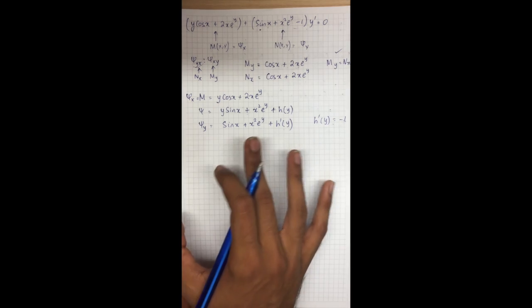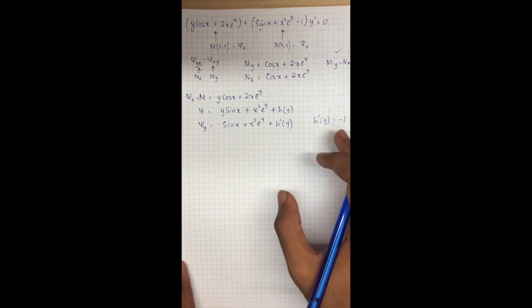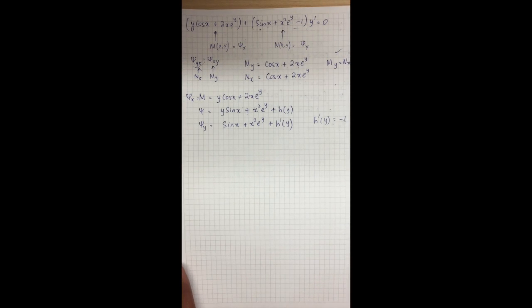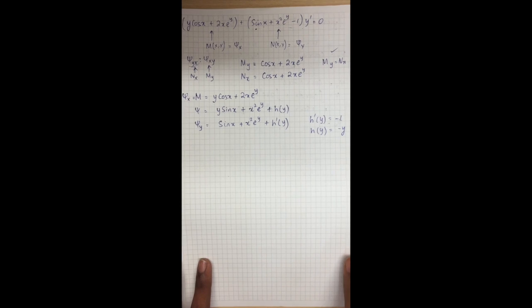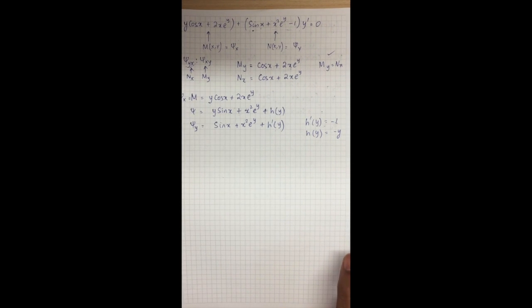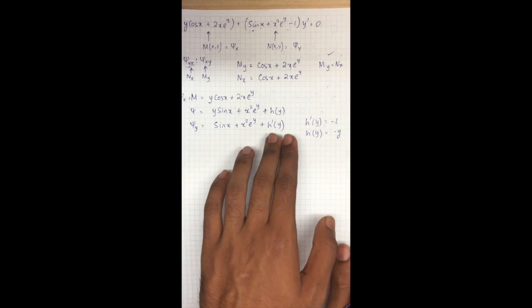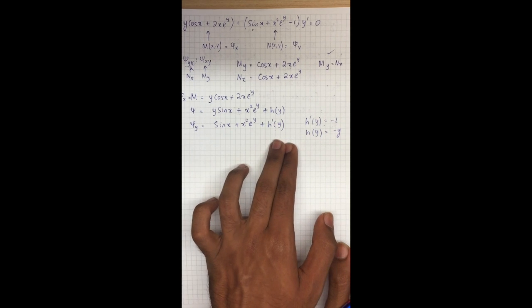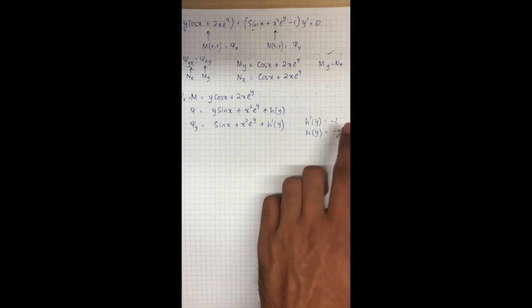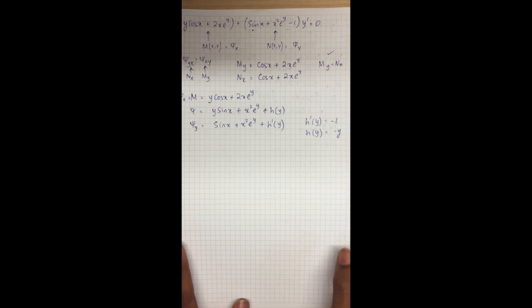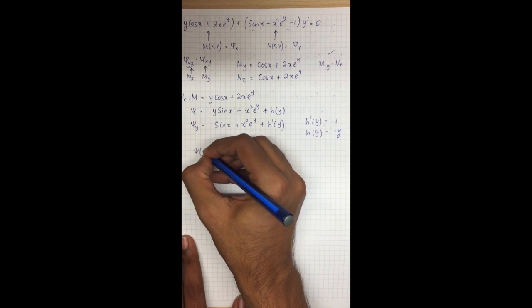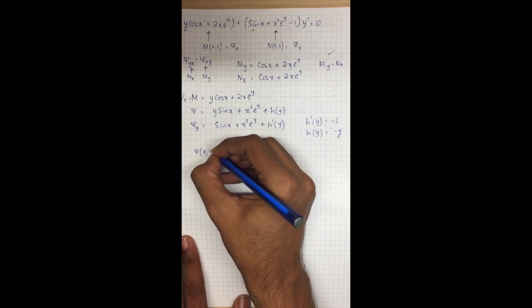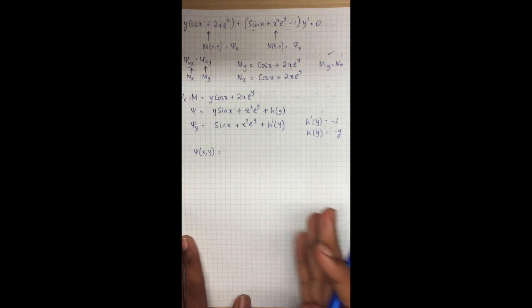Okay, you can write this out and equate this out, and then you can also cancel the terms. Perfectly valid. So my h of y is going to be minus y. Remember that h is a function of y only, so we are not going to add a function of x after this. So I know this, so I can directly frame my final answer of psi over here itself.